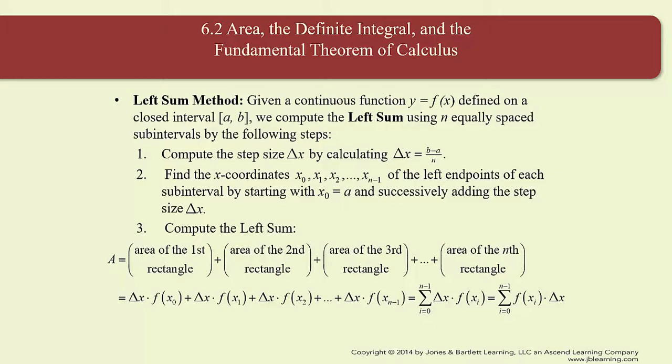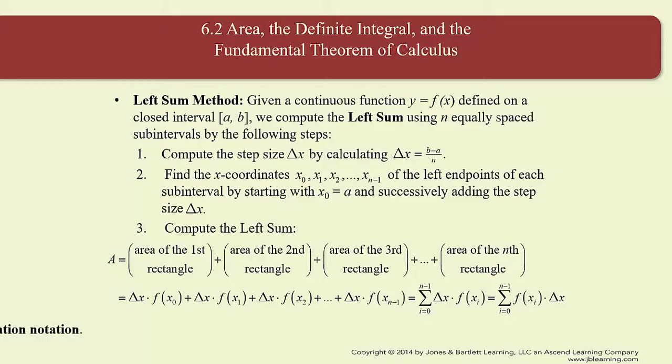And in doing that, on the next line down, the area of the first rectangle is delta x times f of x sub 0. Keep in mind, that's nothing more than saying base times height. The area of the second rectangle is delta x times f of x sub 1. That's basically just saying base times height, and etc.